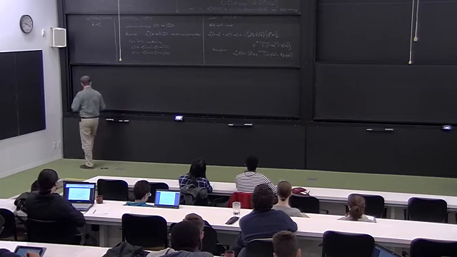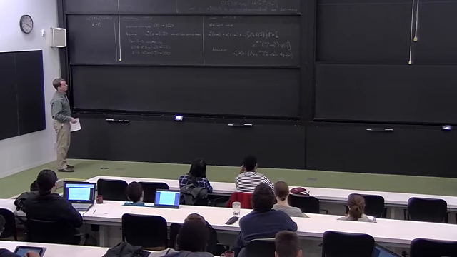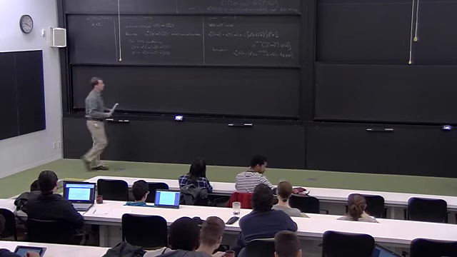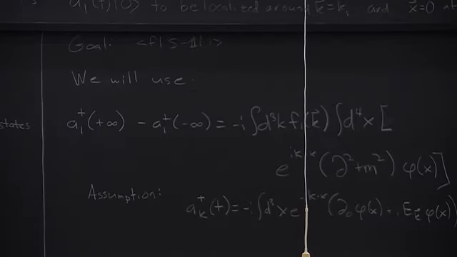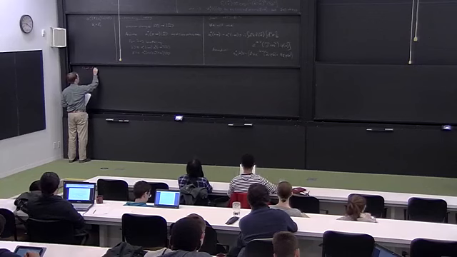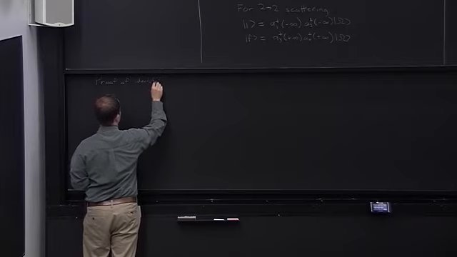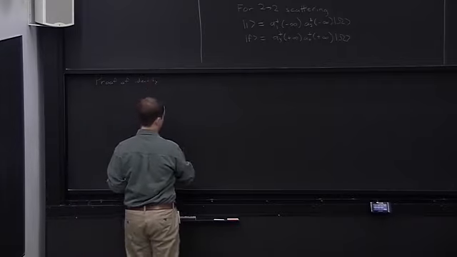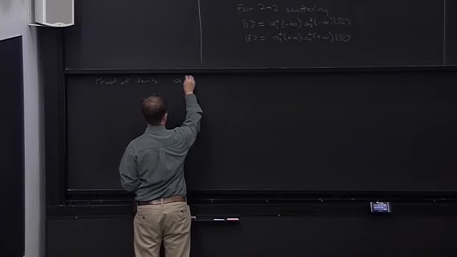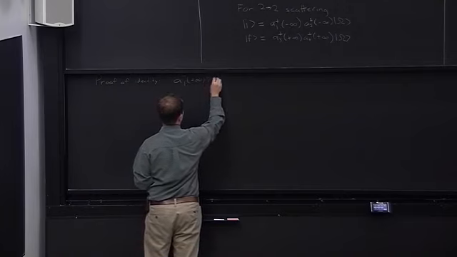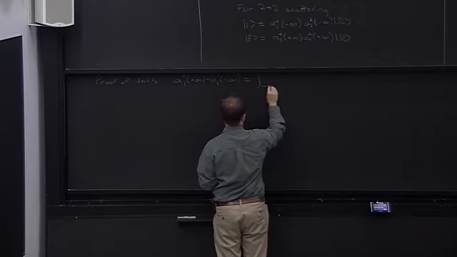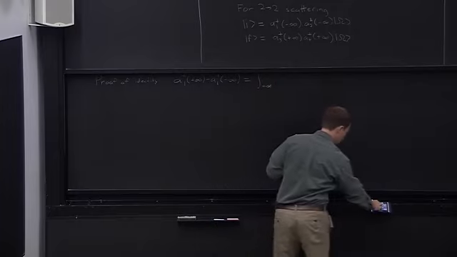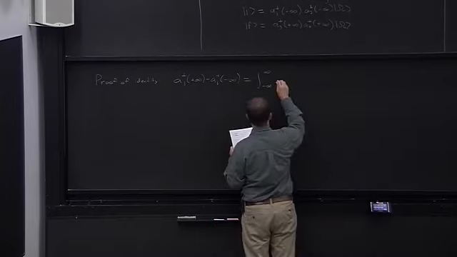So given those assumptions, let's demonstrate this identity in the middle of the board up there. First thing we can do is write a1 dagger of plus infinity minus a1 dagger of minus infinity as a time integral of a total derivative.